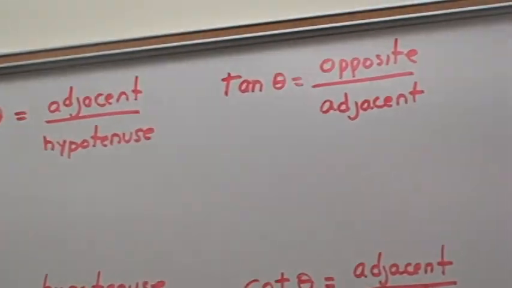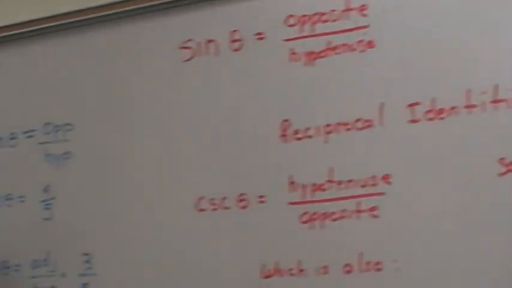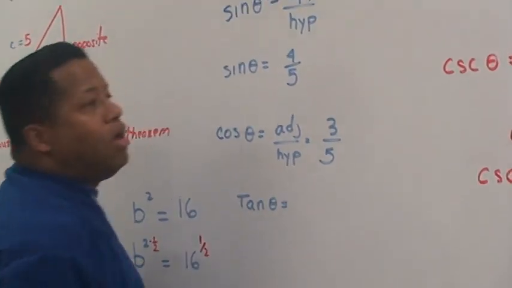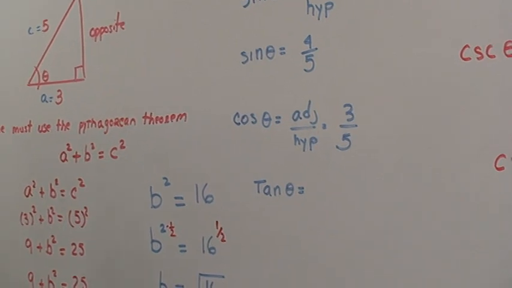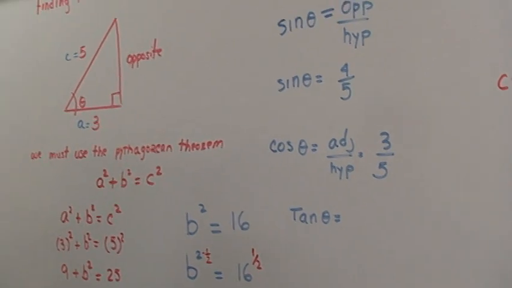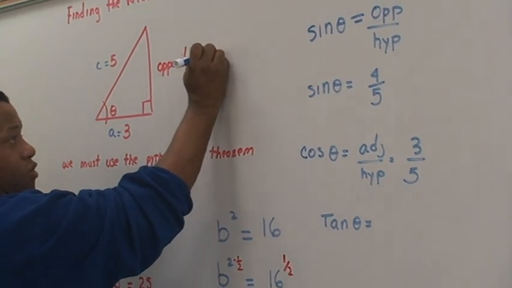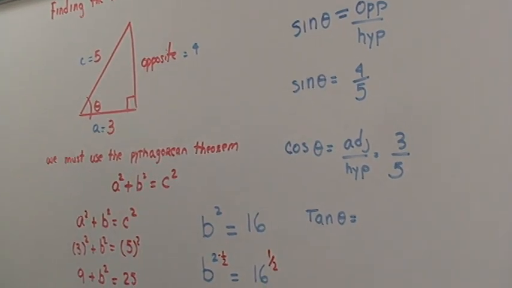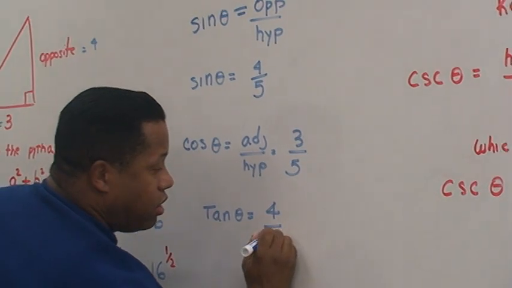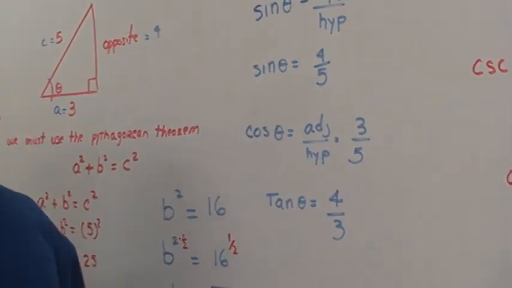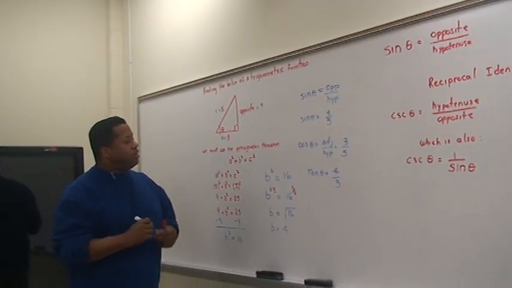What else? Tangent theta. Tangent theta is represented with the opposite side over the adjacent side. The opposite side, which is 4, over the adjacent side, 3. So 4 divided by 3, as we see.